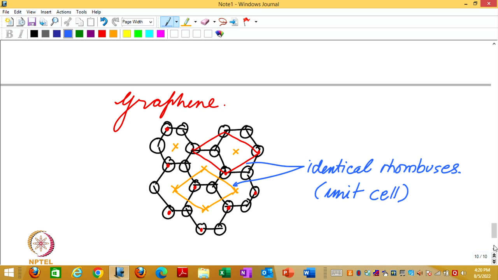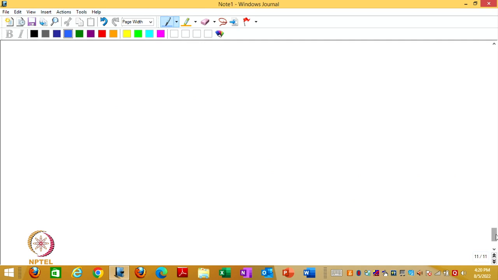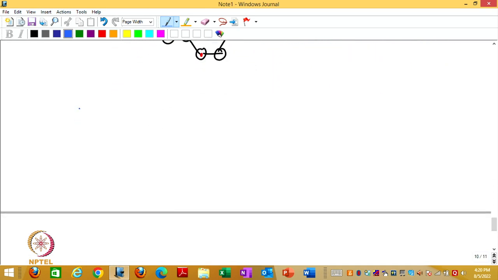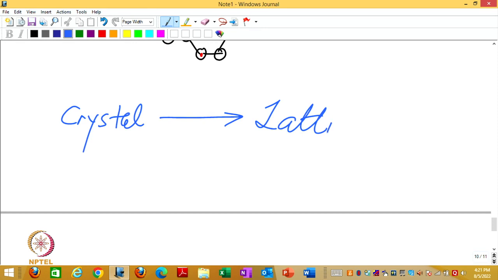So, we have got lattice, we have got crystal, which was a periodic pattern of atoms, and from there we got lattice, which tells you the periodicity of the structure.